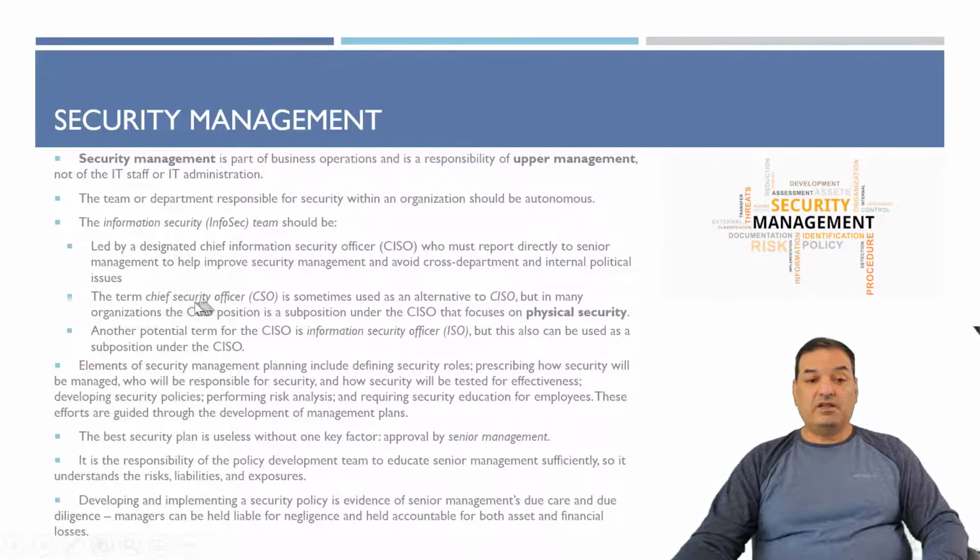The term CSO, Chief Security Officer, is sometimes used as an alternate form of CISO, but in many organizations, CSO is actually a sub-position under the CISO, and it focuses on physical security. Another potential term for CISO is Information Security Officer, but it is also often used as a sub-position under the Chief Information Security Officer.